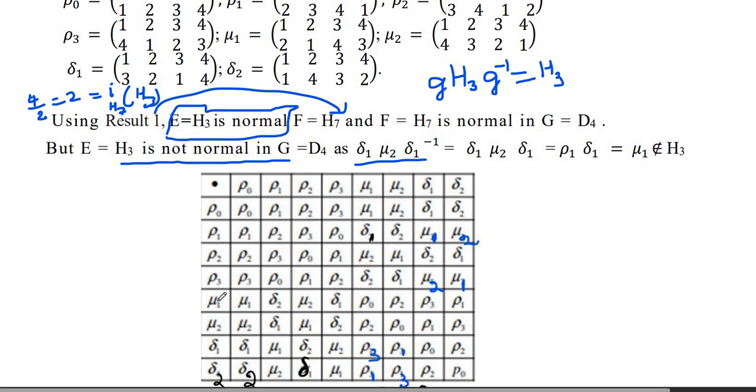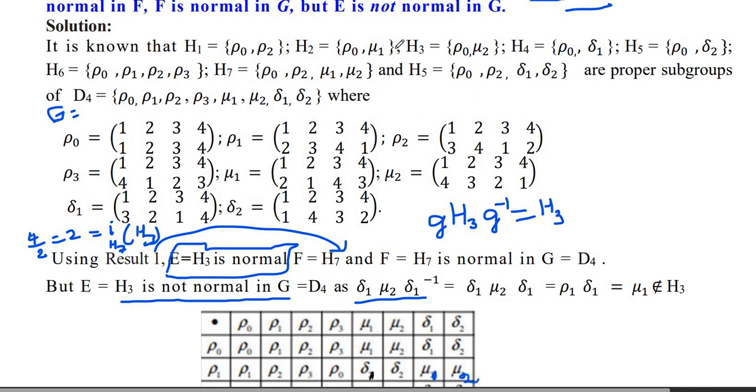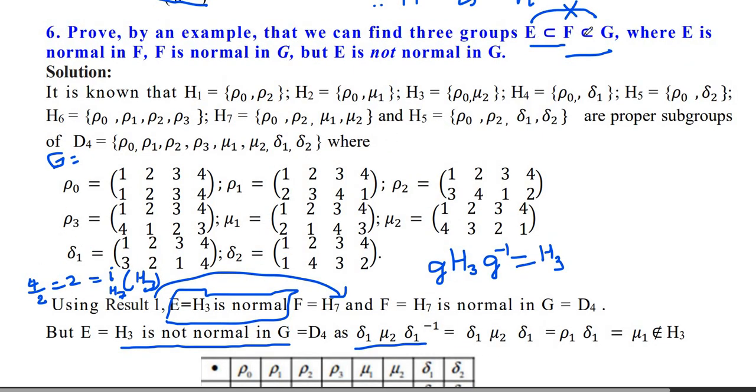Row 1 delta 1 is mu 1, but that doesn't belong to H3 because H3 is row, not mu 2. So it doesn't belong to H3, and therefore we have got E, F and G such that E is normal in F and F is normal in G, but E is not normal in G.